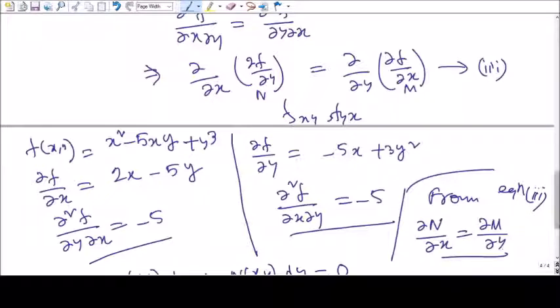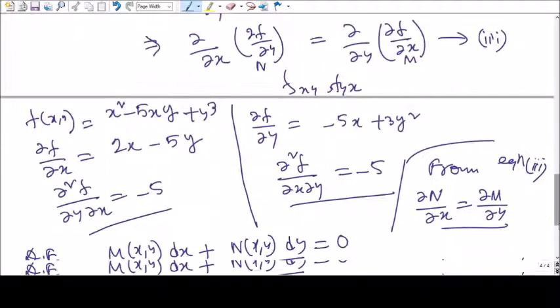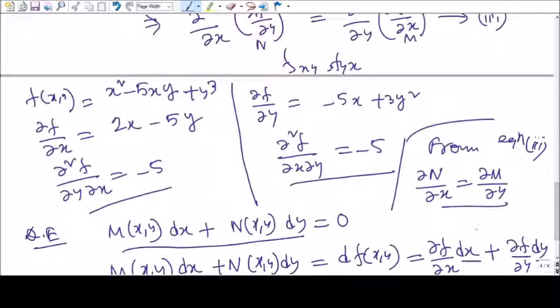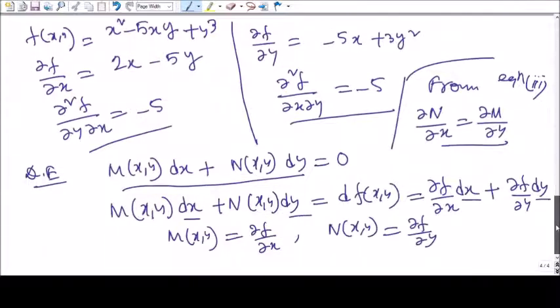So we got the condition for an exact differential, that is ∂M/∂y equal to ∂N/∂x.